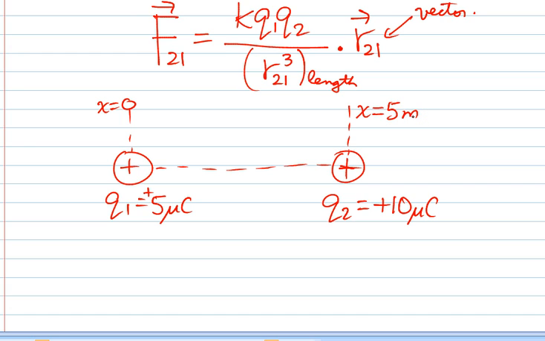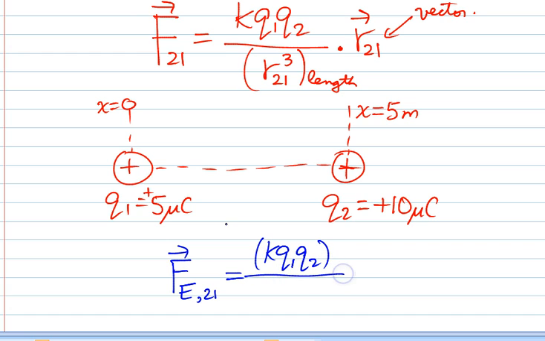This means that to calculate the electric force between 2 and 1, I take k, q1, q2, and I divide by the length cubed times r21.